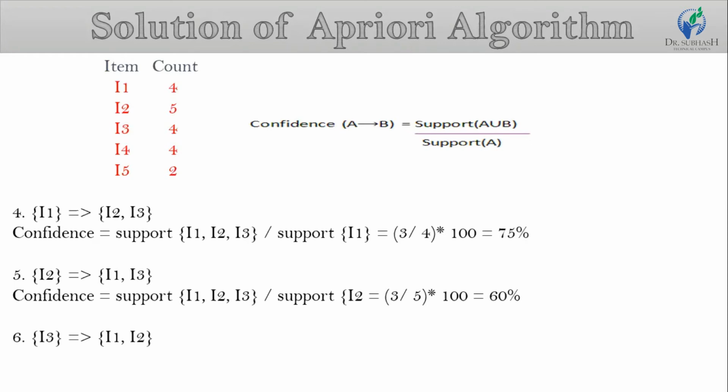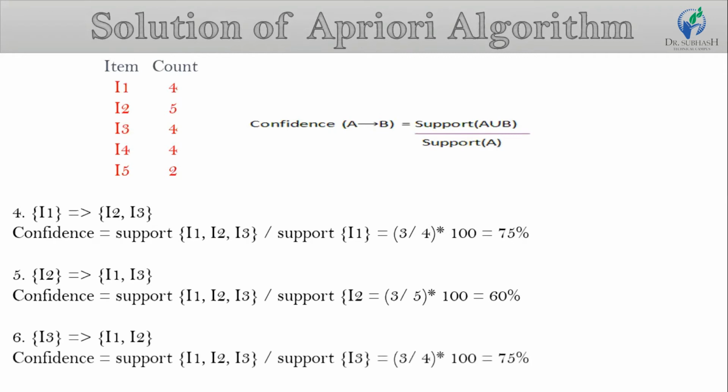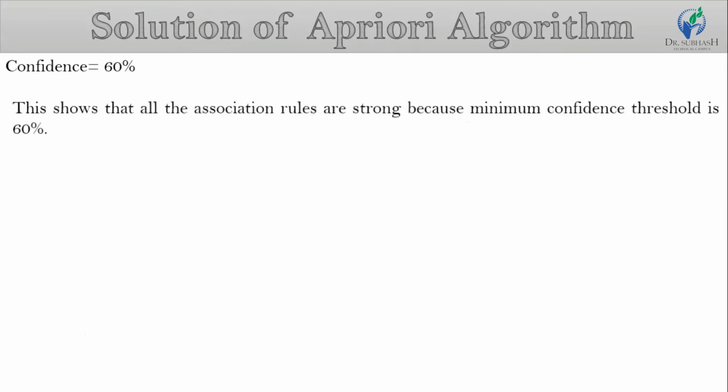Next is I3 implies I1, I2. Here A is I3 and B is I1, I2. Put those values in the confidence equation. Confidence is equal to support of I1, I2, I3 divided by support of I3. So 3 divided by 4 into 100, and the answer is 75%. Now the minimum confidence threshold in this example is 60%, so all these rules are strong.